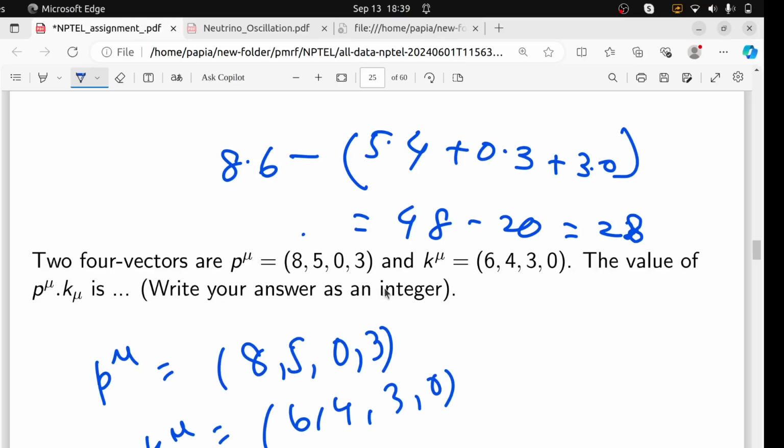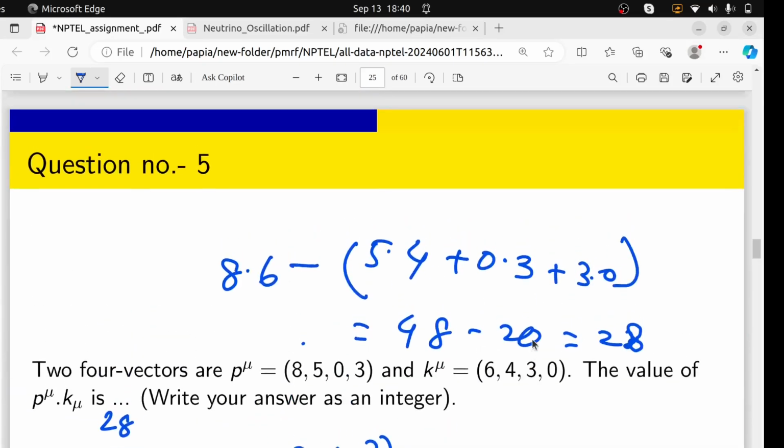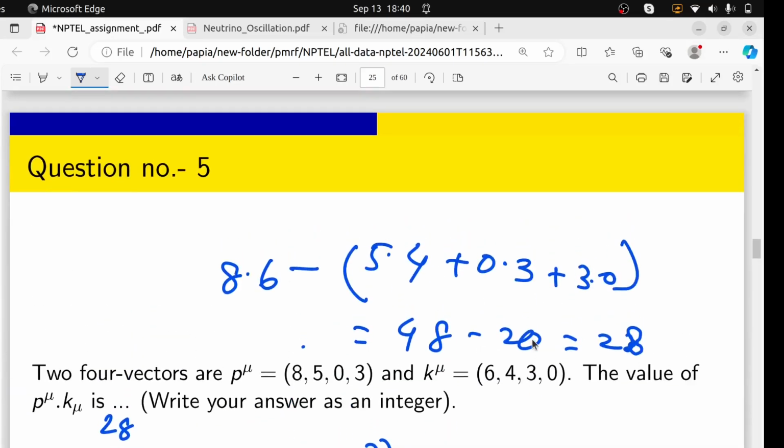Write your answer as an integer. Obviously this will be in integer form, so I can write it like that.